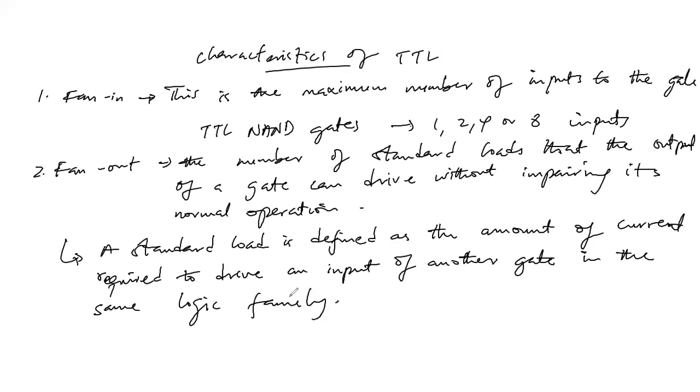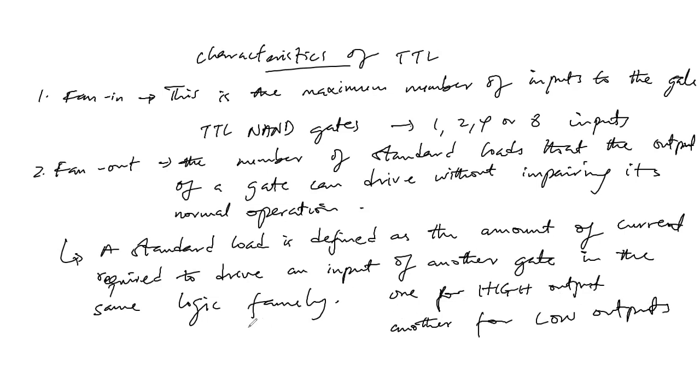So based on the nature of the TTL gates, two different fan-out values are given, okay? One for high output and another for low output.